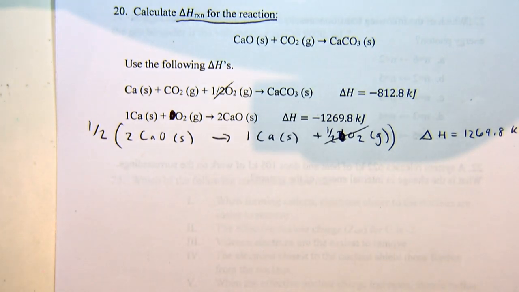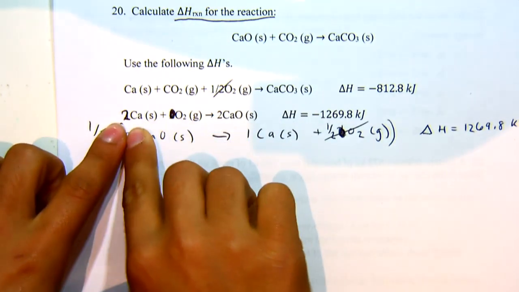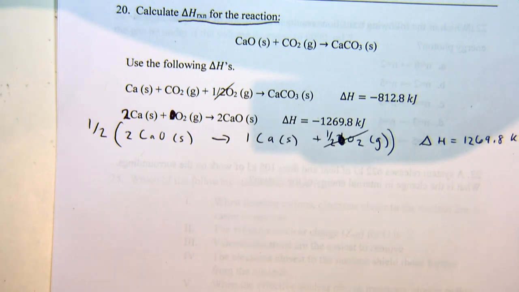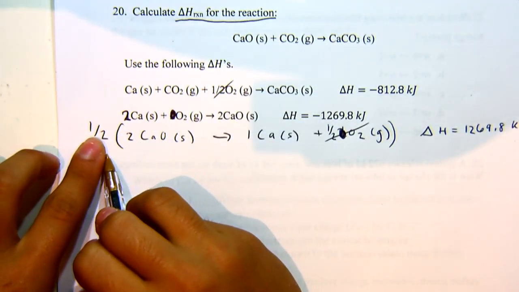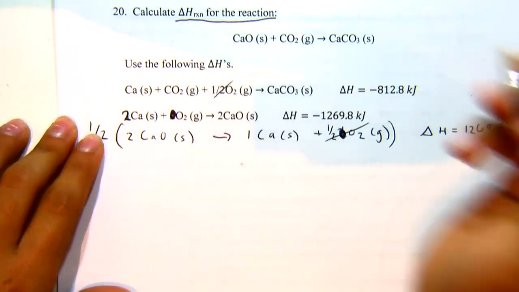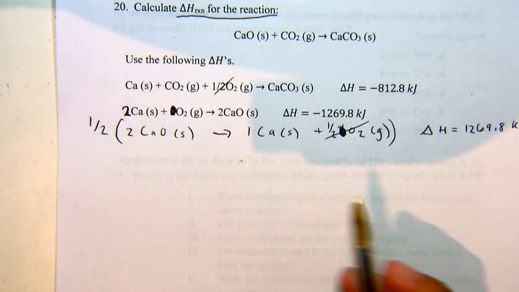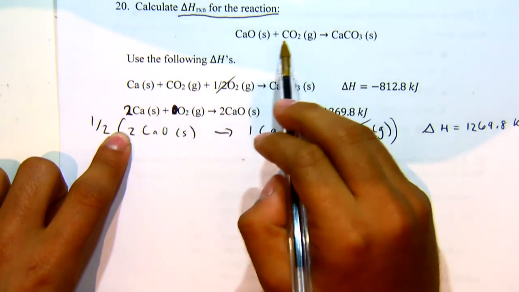That's where this messed up. There we go. This is supposed to be 2Ca, and those two units got mixed up. Once you multiply this by 1/2, you end up with 1 CaO here, which is what you need on this side.